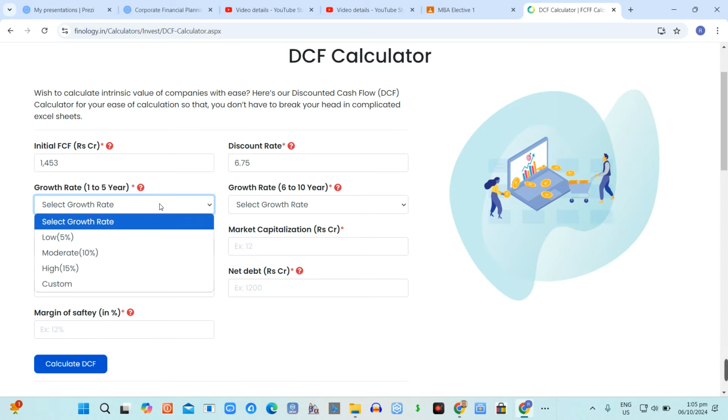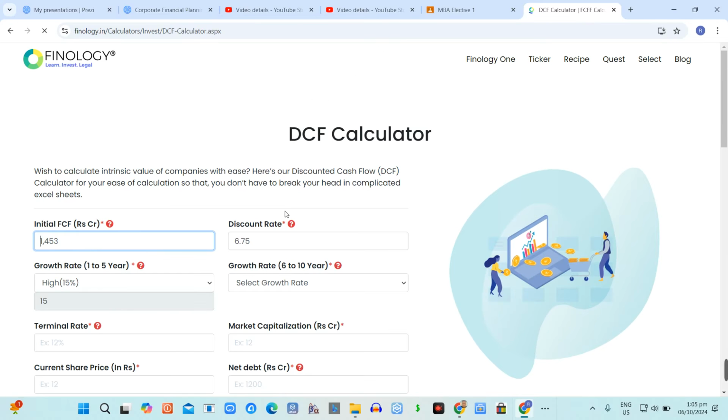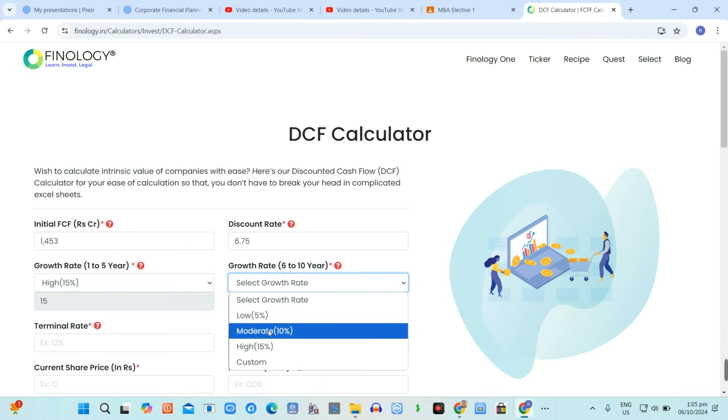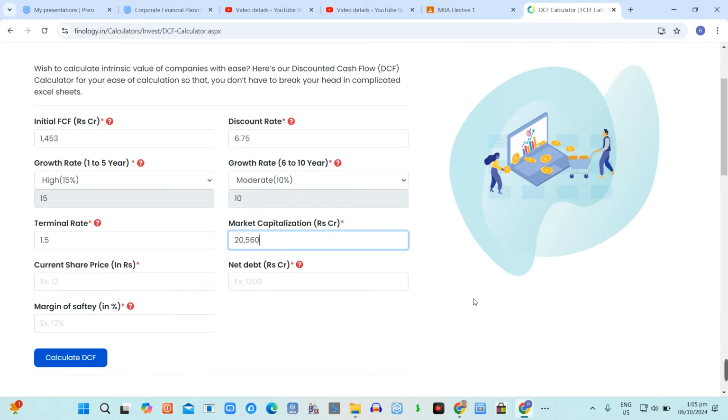And then let's say that the growth rate for the first 5 years would be high. And then for 6 to 10 years, it will be lower, and then the terminal rate, it will be something like 1.5%. Okay. Let's say also, price to cash flow. So the market cap would be around, say, 20.560 billion.